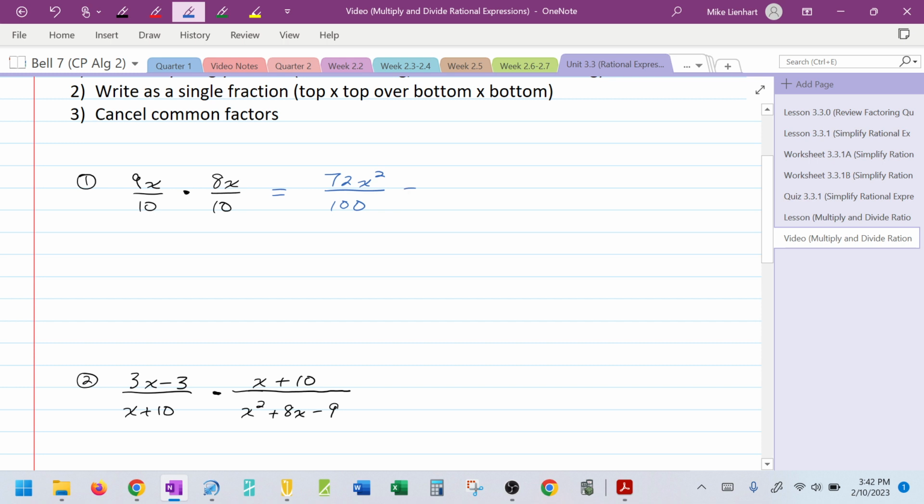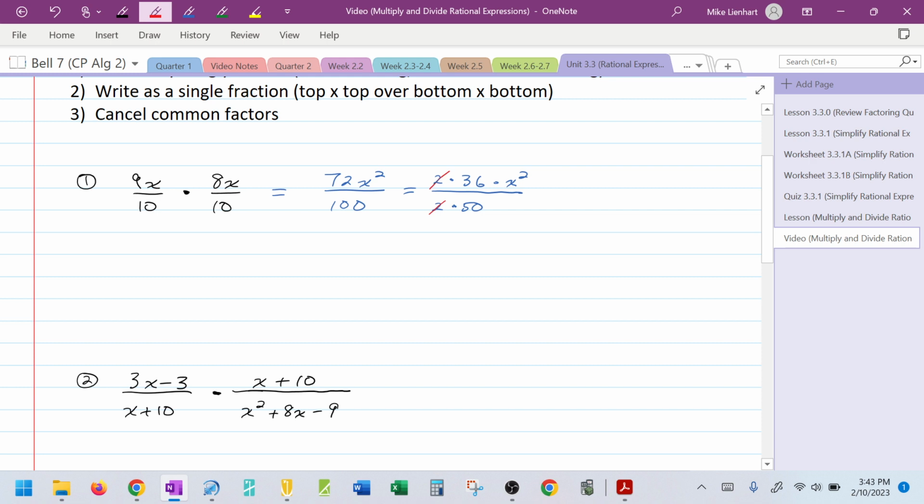Since they're both even, I'm going to write 72 as 2 times 36 times x squared, and 100 as 2 times 50. That will eliminate my 2's.